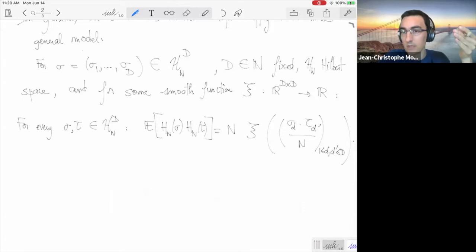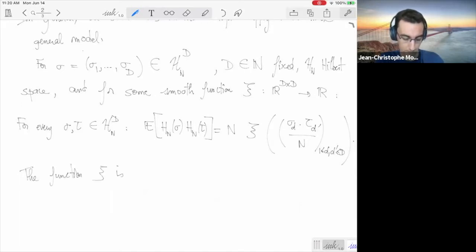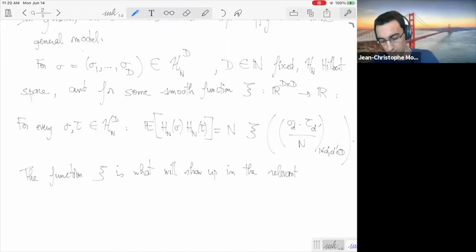In fact, this is the function that will show up in the expression of the Hamilton-Jacobi equation that I want to shoot for. So the function psi is what shows up in the relevant Hamilton-Jacobi equation.